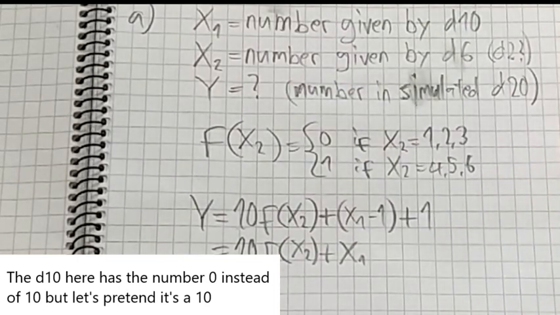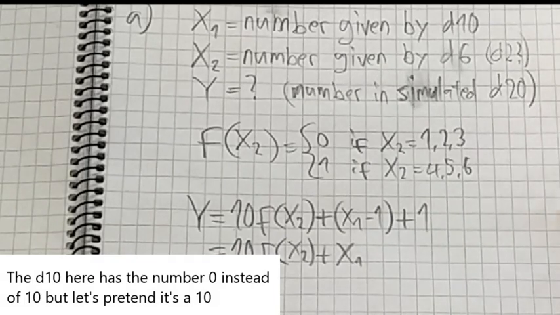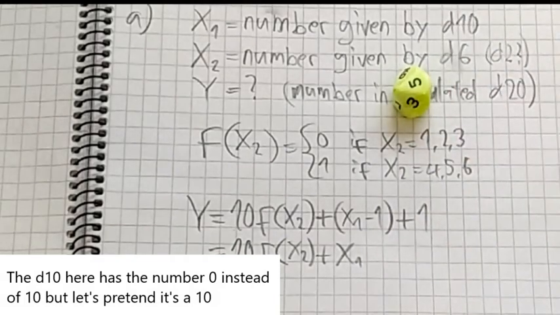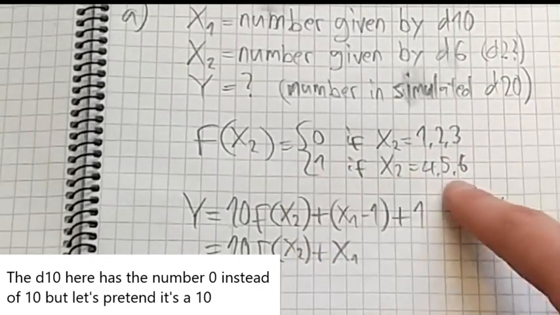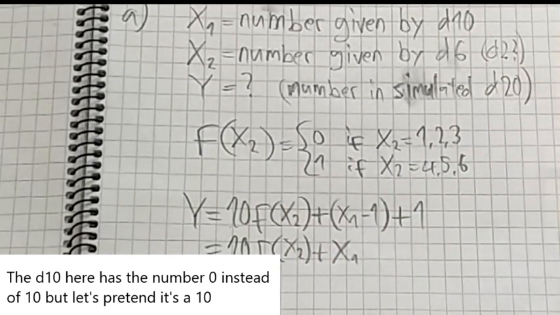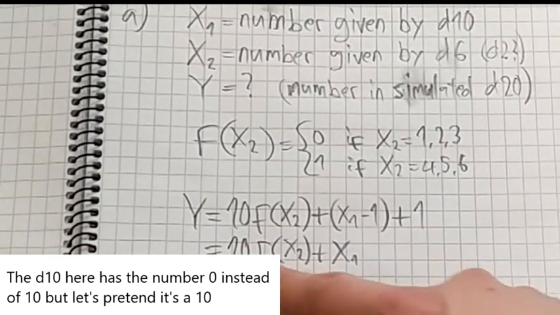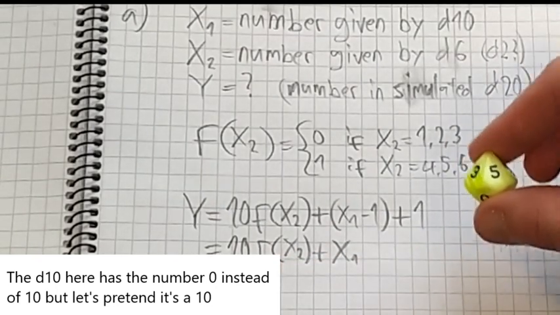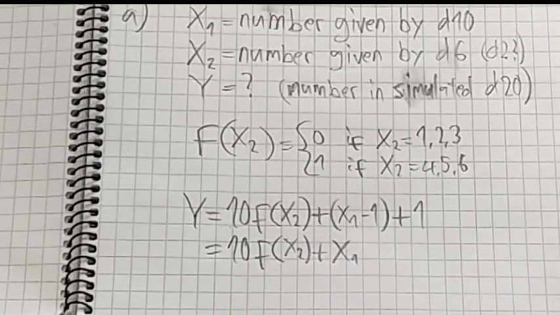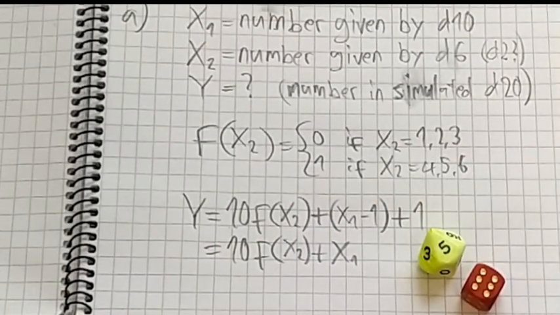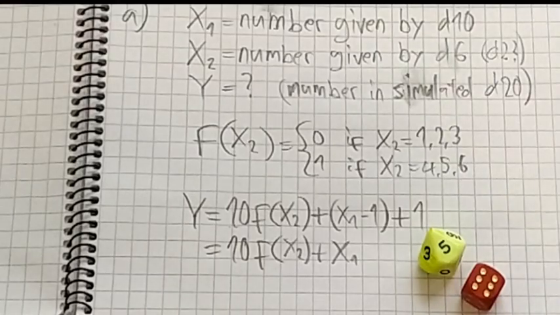So we have rolled a 13. Let's roll again. Now we rolled a 6 and a 5. 6 is mapped into 1 again in this f of x2. So we get a 10 from here, and 5 gives us x1 equals 5. So in this simulation of d20, we just rolled a 15.